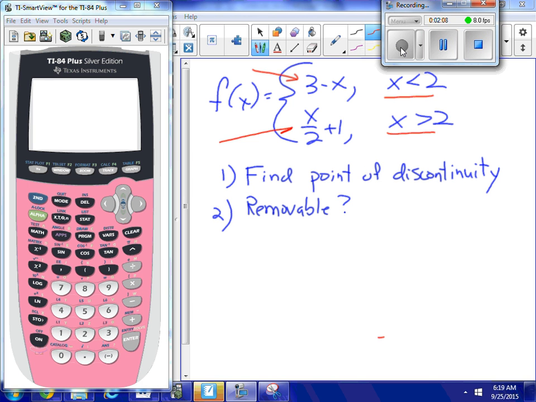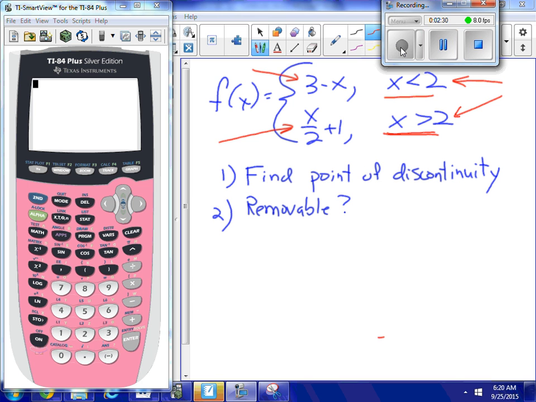And this function too. Although I have a denominator here, there's no variable in the denominator. So that also is just going to be a straight line, but it's going to be over this domain. So the only place I can possibly see that there might be a point of discontinuity is looking at the domains here.